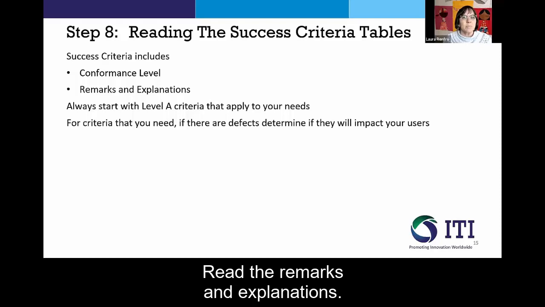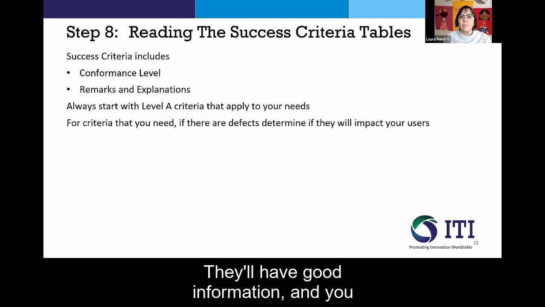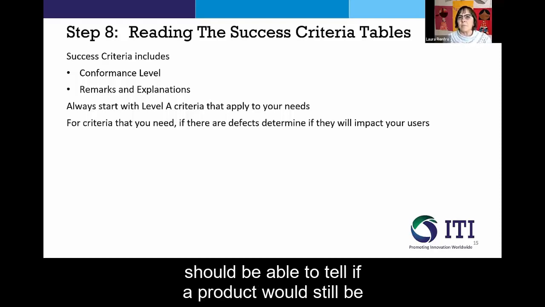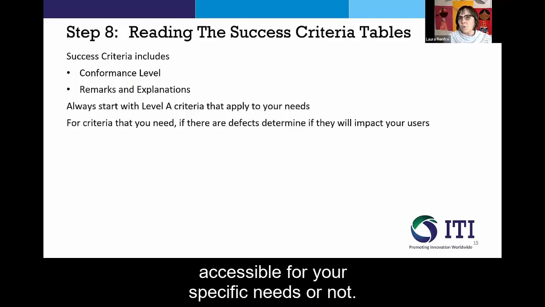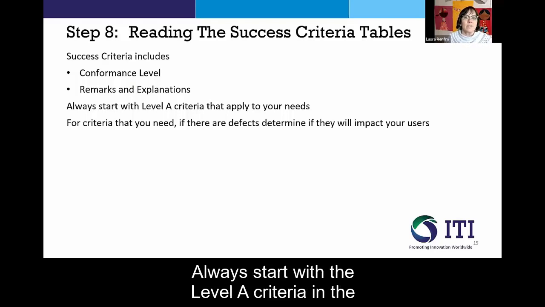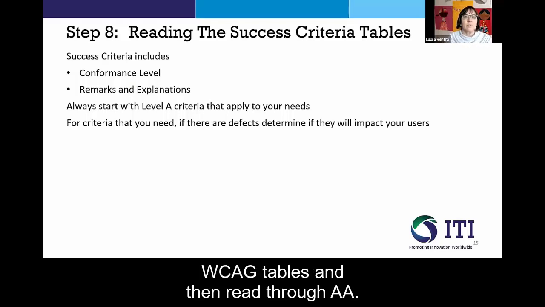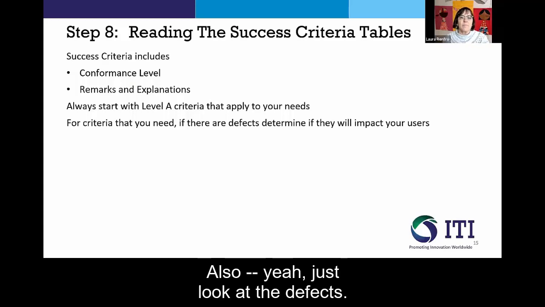Read the remarks and explanations. They'll have good information, and you should be able to tell if a product would still be accessible for your specific needs or not. Always start with the level A criteria in the WCAG tables and then read through AA.